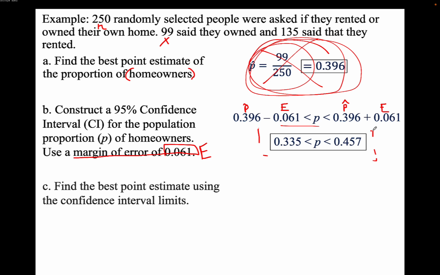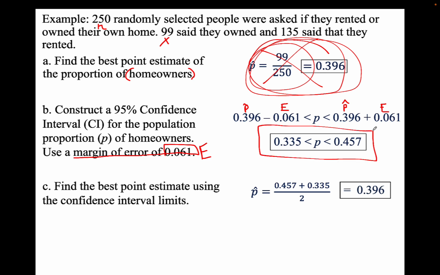Well, what was the best point estimate used? We'll take the upper limit, add to it the lower limit. After the addition takes place, we'll divide by 2, and that is a different way of finding what the best point estimate was using the confidence interval limits.